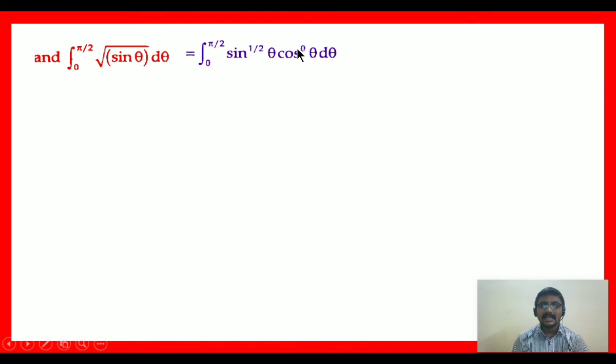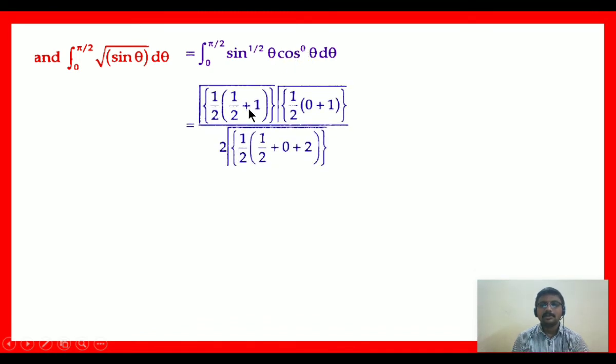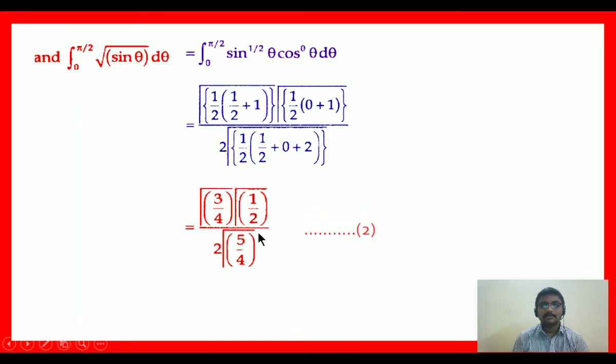Half and n is 0. So we have the formula gamma of m plus 1 by 2 into gamma of n plus 1 by 2 upon 2 into gamma of m plus n plus 2 by 2. Using the formula, just replacing m and n values and simplifying, we have gamma of 3 by 4 into gamma of 1 by 2 upon 2 into gamma of 5 by 4. So let it be equation number 2.